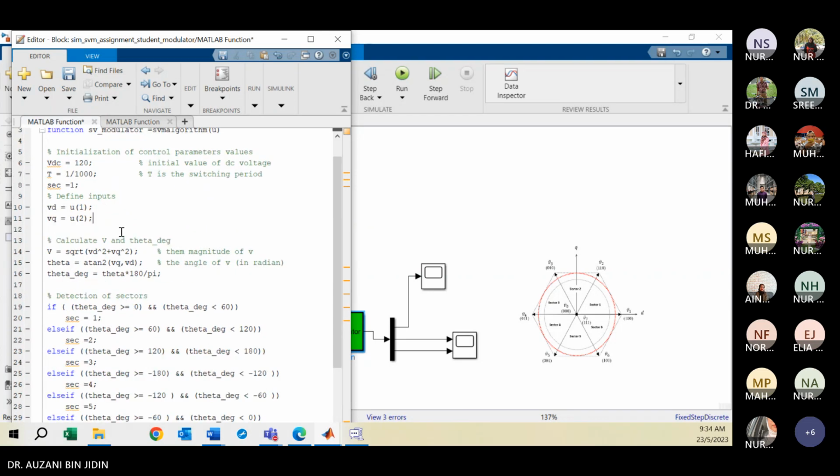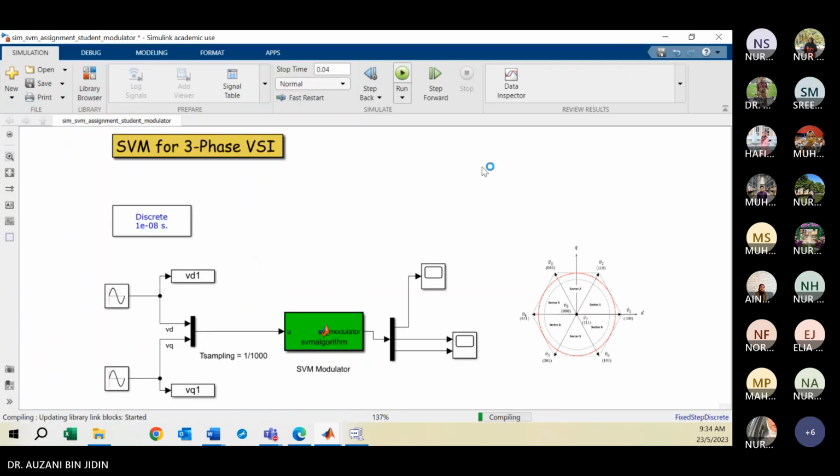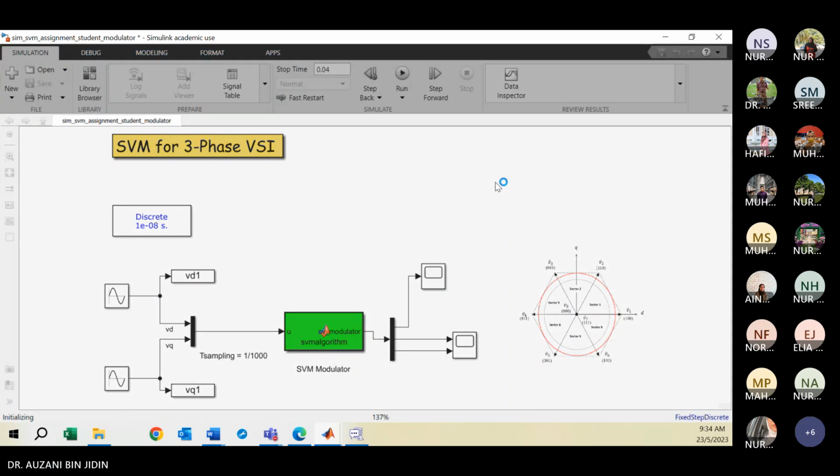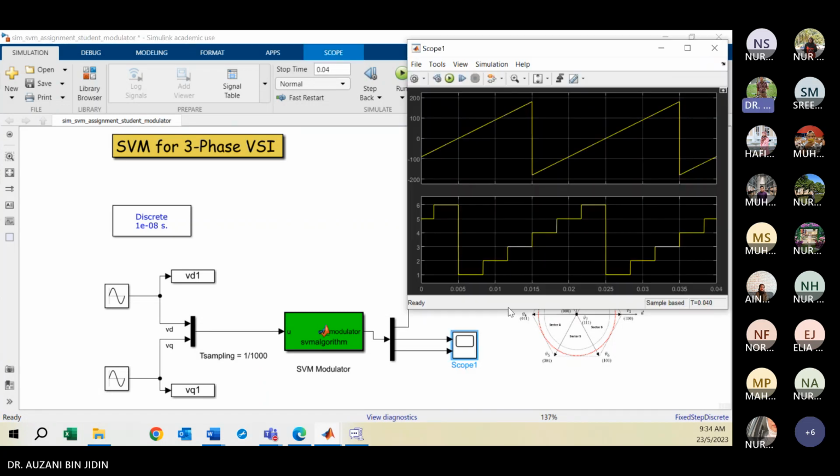Sector. Okay, sorry, you kena put end ni. You kena complete with end instruction. You ada if else, so yang bawah so you kena put end. Right, with end. Cik baik. Okay, now success. So then you can double click. Check the waveform.